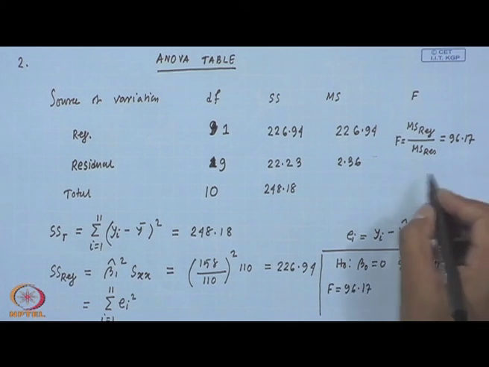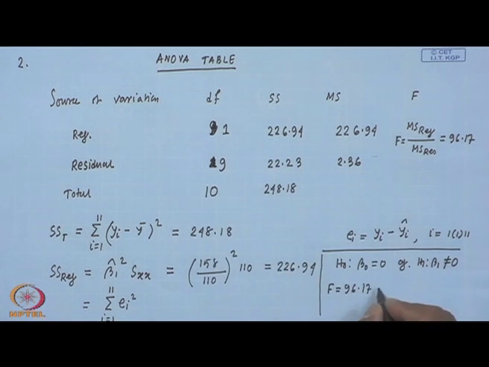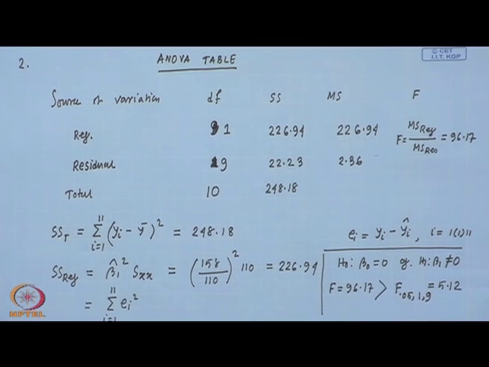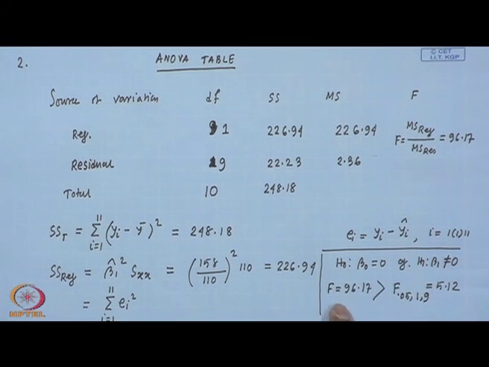So, you check the tabulated value of F 0.05 with degrees of freedom 1 and 9. That is equal to 5.12. So, the observed F is greater than the tabulated F.